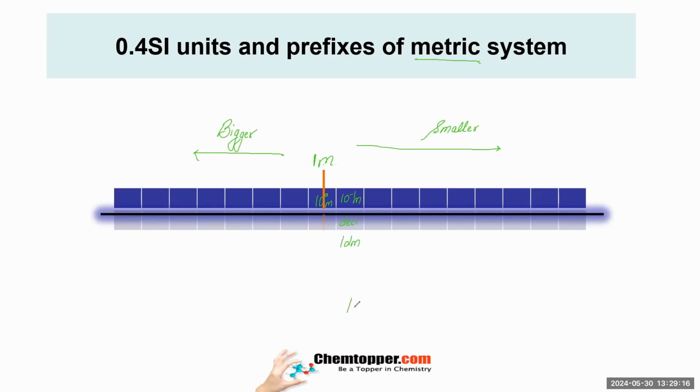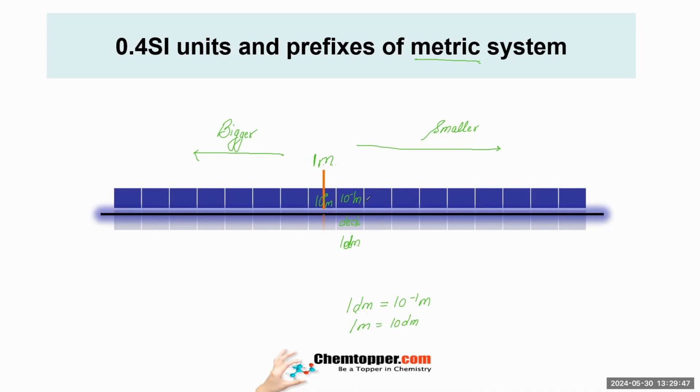It means that 1 decimeter, deci means 1/10, is 10 raised to power minus 1 meter. If you're good in mathematics, you can understand this also. I can write it like this also, that 1 meter has 10 decimeter. So what is d? Small d represents deci. So this is the prefix. d is the prefix in front of meter.